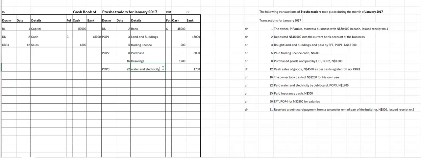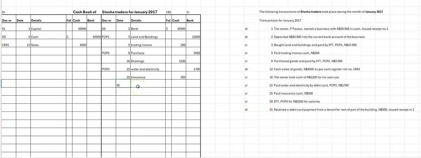Okay. Then we have on the 25th, again a credit transaction. So 25th, we paid for insurance cash. So insurance. How much did we pay? $300 in cash. Okay. So then we have our second last transaction, which is on the 30th, also a credit transaction.